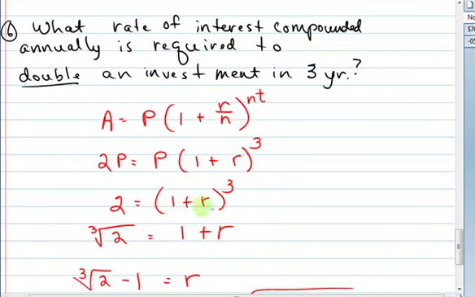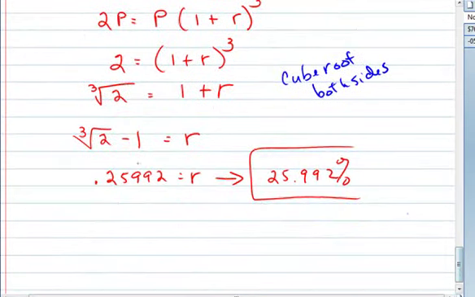You're left with 2 equals this. If something's to the cube power and you're looking for R, we need to take the cube root. So here you're taking the cube root of both sides. You get the cube root of 2 equals 1 plus R. Subtract the 1. And now you're ready for the calculator.